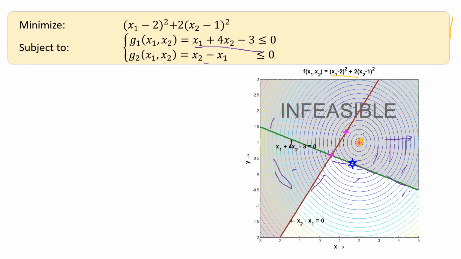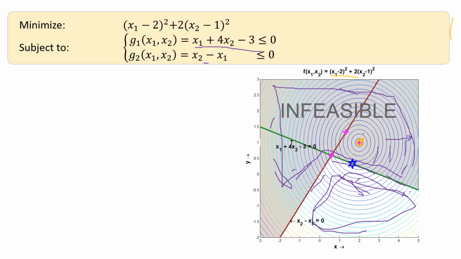On this side, x2 minus x1 is greater than 0. That's infeasible. So it's this side where the second constraint is feasible. And therefore, because of the presence of two constraints, this whole region is infeasible. And this is the feasible region.